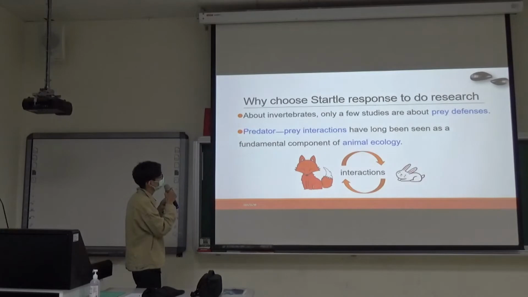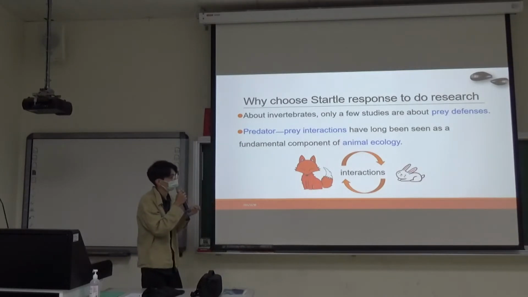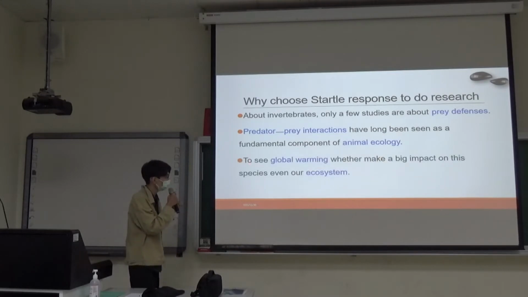And next, predator and prey interaction is very important to animal ecology, because this is the major driving force in the ecology and the evolution of biological systems. The next point is we want to see whether global warming makes a big impact on this species, even our ecosystems.